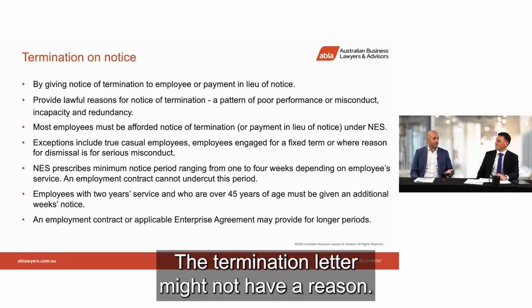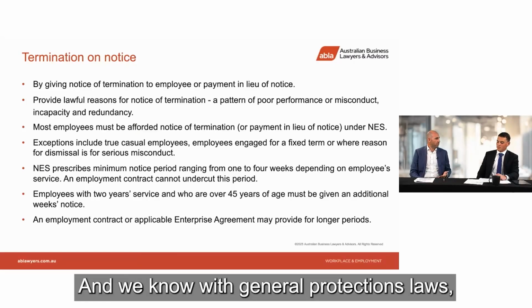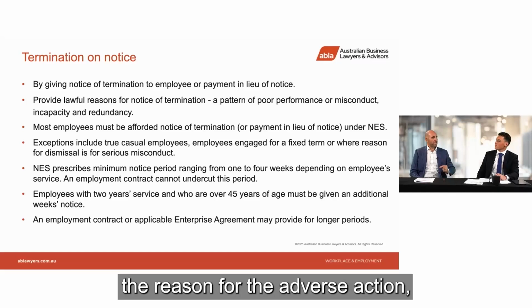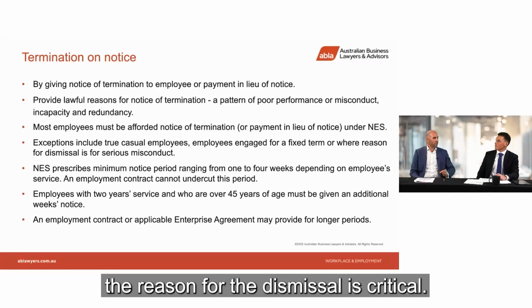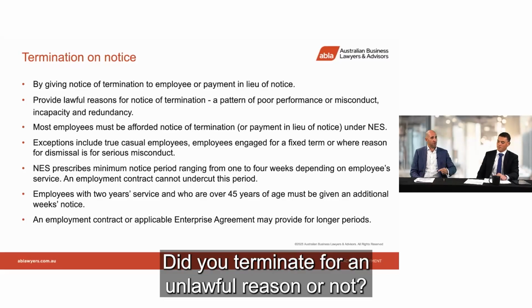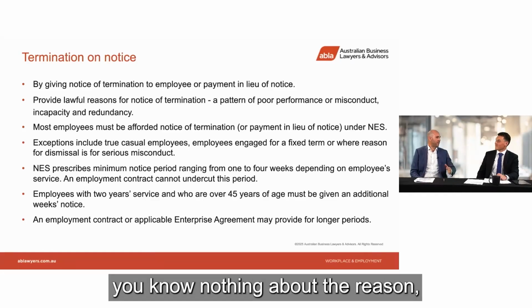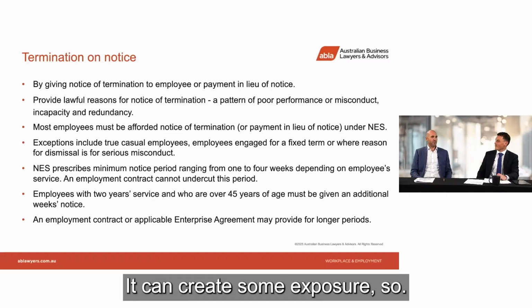The termination letter might not have a reason, and then that calls into question what the reason is. And we know with general protections laws, the reason for the adverse action, the reason for the dismissal is critical. That's like the number one critical issue: why did you terminate? Did you terminate for an unlawful reason or not? And if you have a termination letter that says nothing about the reason, it can create some exposure.